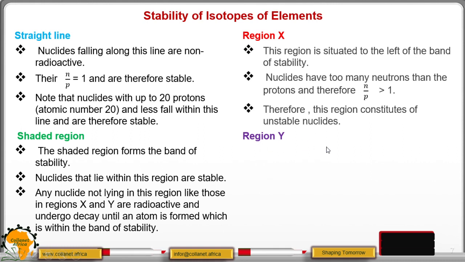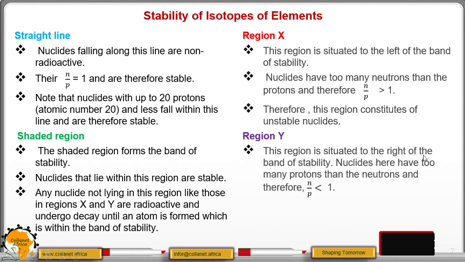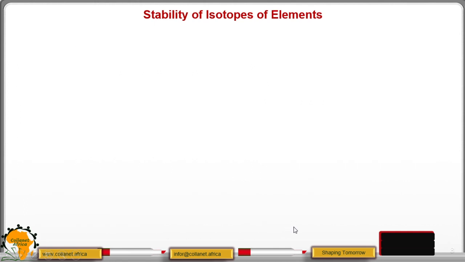When you come to region Y, which is on the right side of our stability line, it means that they have more protons than neutrons, and therefore the ratio of neutron to proton is less than 1. It again implies that the region consists of unstable nuclides. So the nuclides in region X and region Y have to undergo decay so that they can acquire stability.